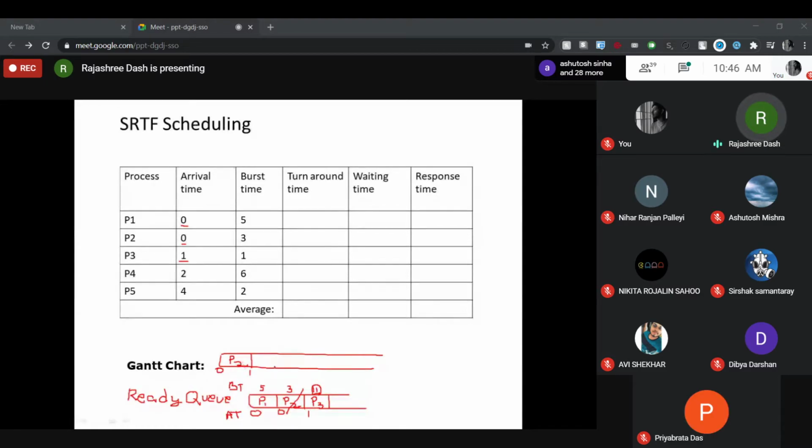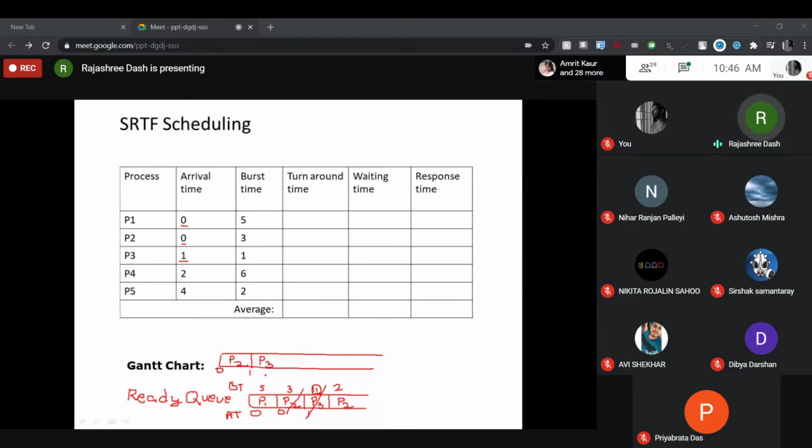It will stop P2 and store it back in the ready queue with the remaining burst time, that is 2. And it will now start executing P3. Got the concept?